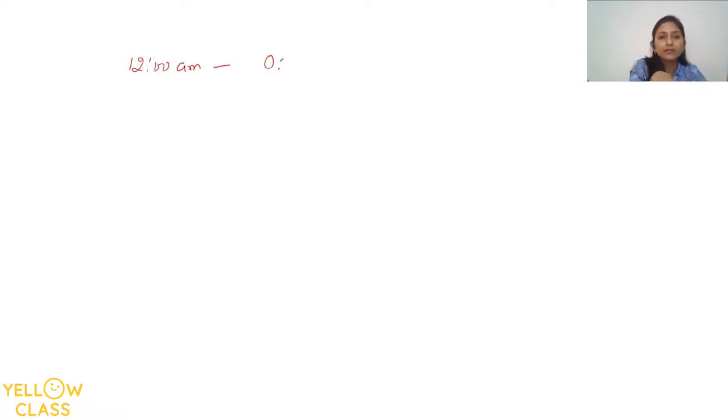Okay, so 12 a.m. is, this is 24 hour, this is 12 hour. Or we write it as 2400. Now if I have a time like 2 a.m., so simple, just remove this colon, so it's 0200 hours.